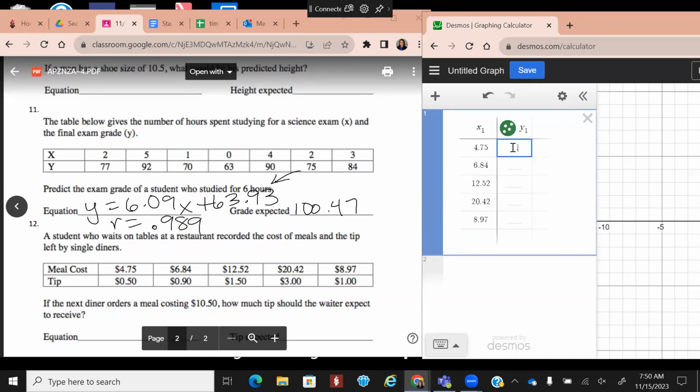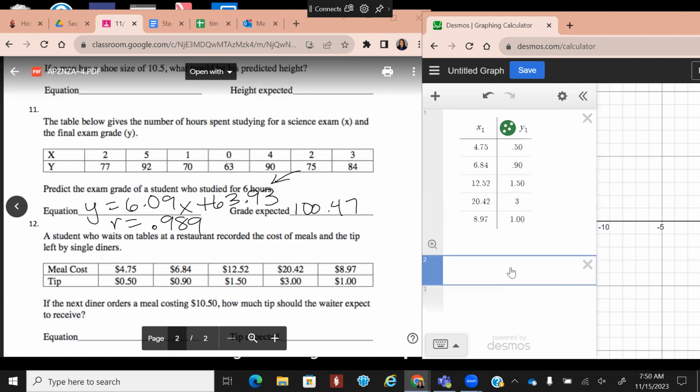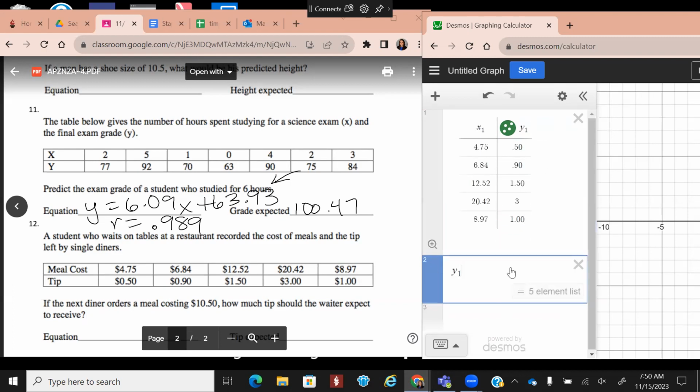Okay, and when you type this in, you're going to get something like this. Cool. Now we're going to type the equation. So Y1 tilde symbol, mx1 plus b.